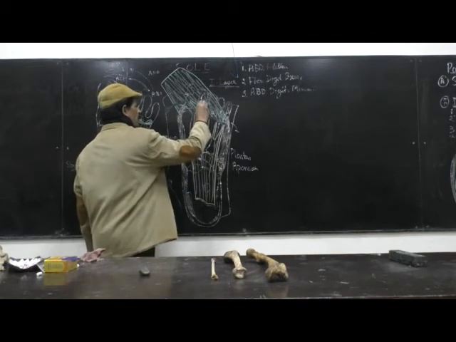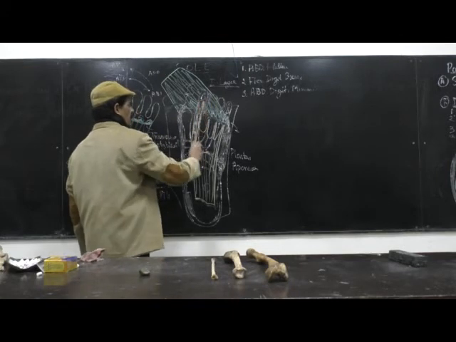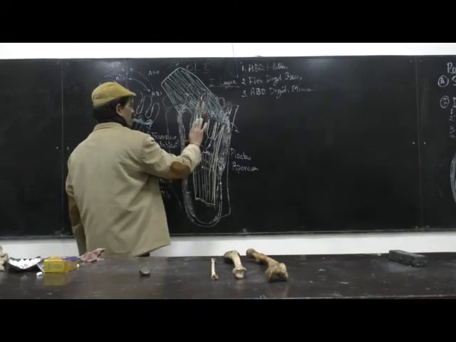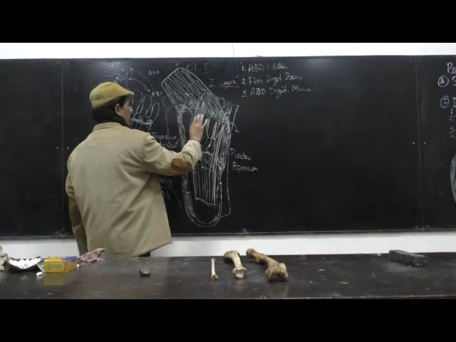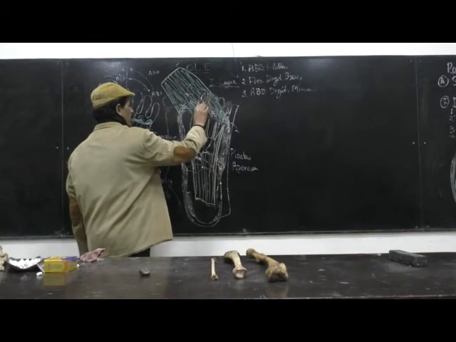So that is the insertion. The fibers decussate, they cross, and this slip is inserted on either side of the middle phalanx, which is the insertion of the flexor digitorum brevis.